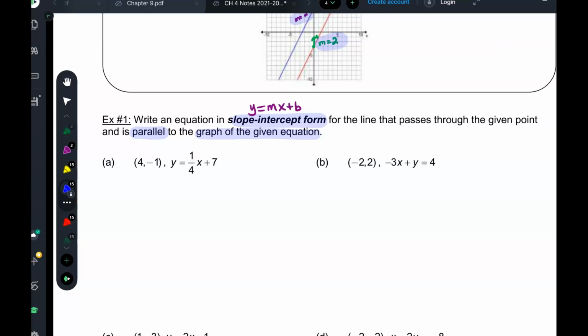So we have a point here, x and y, and we have an equation y equals 1/4 x plus 7. The first thing we want to do is identify the slope of y equals 1/4 x plus 7. What's the slope of this line? 1/4.